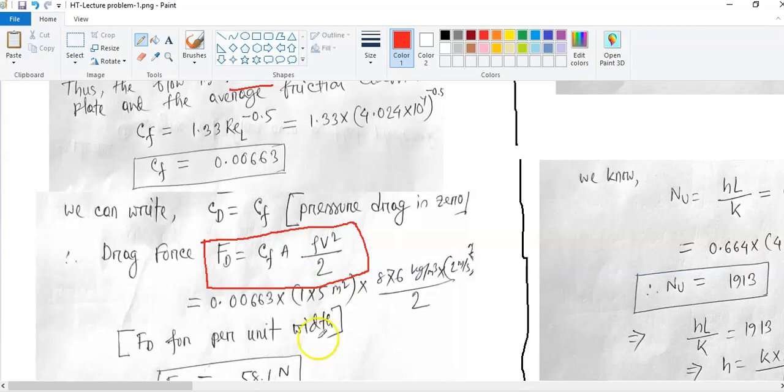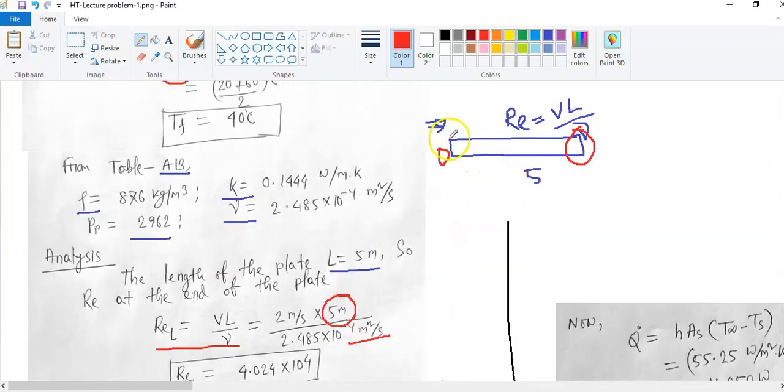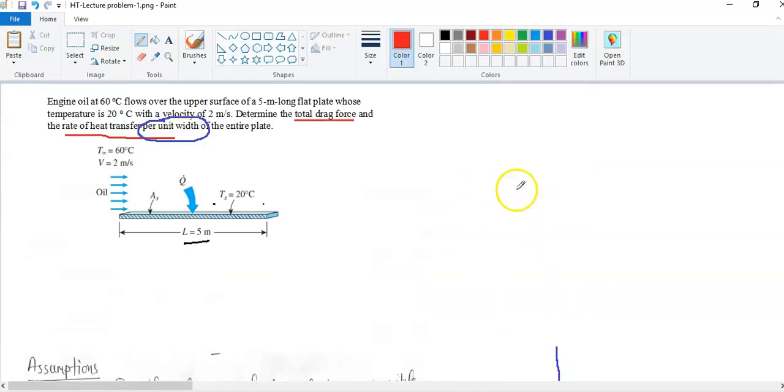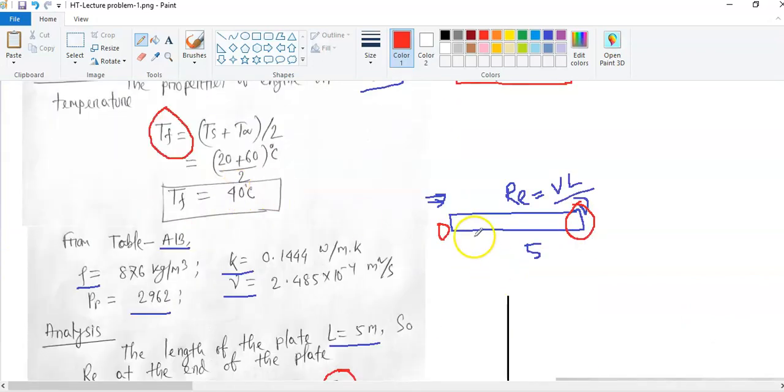So here you can see, guys, we can calculate the area easily because it is the plate, we have the length, and if you remember, in the question it says per unit width. So that means the length is 5 and the width is 1.